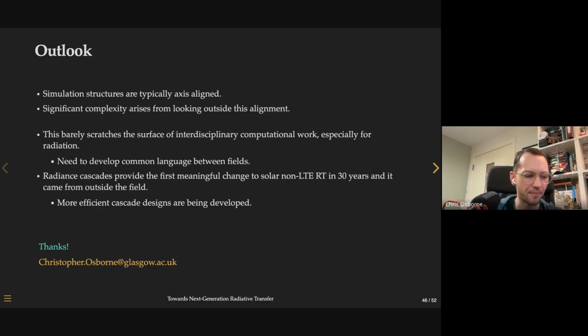For AIA stuff where you can integrate, or optically thin diagnostics, we've had a lot more where we view it from different directions. But it hasn't been done so much for these lines, but there's a world of complexity that turns up as soon as you break this alignment.